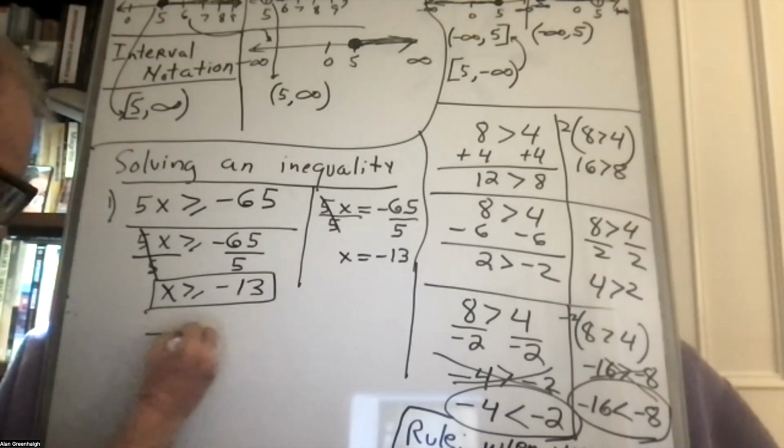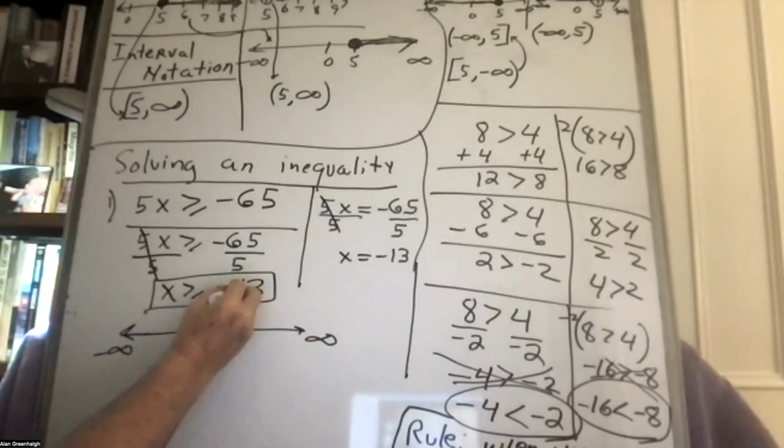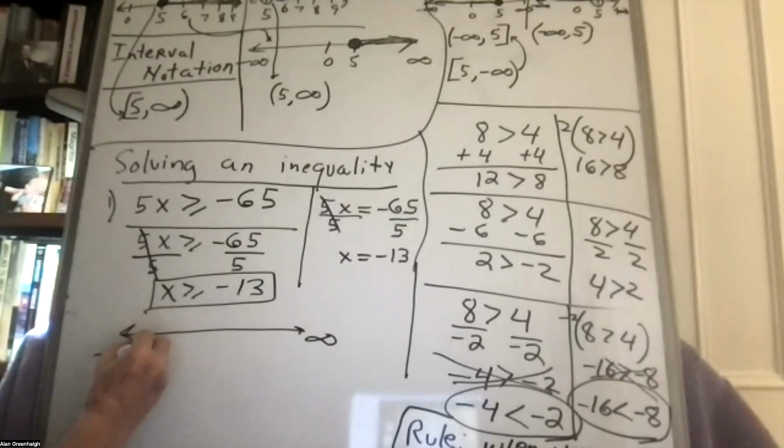Graph it. You're always required to graph it. Well, and you have to be strategic, be smart about it. We need a negative 13, so we're not going to put the 0 over there. We're going to put the 0 over there. Put the negative 13 over here.